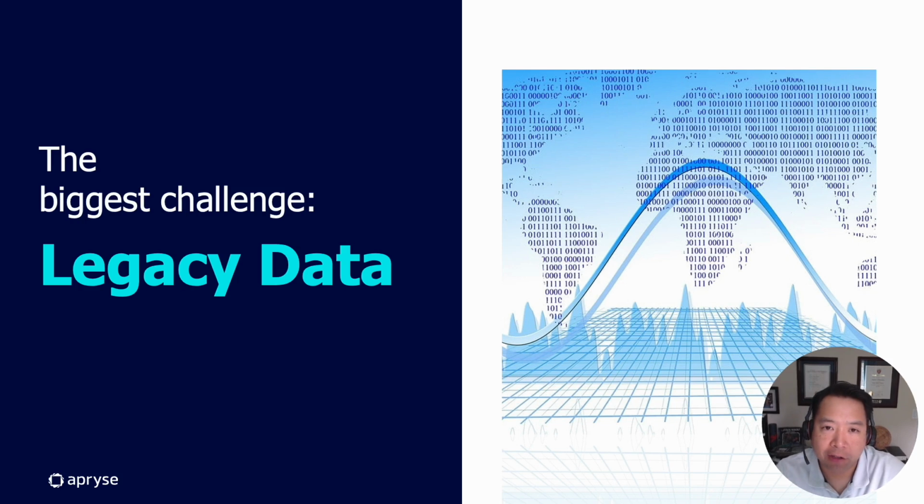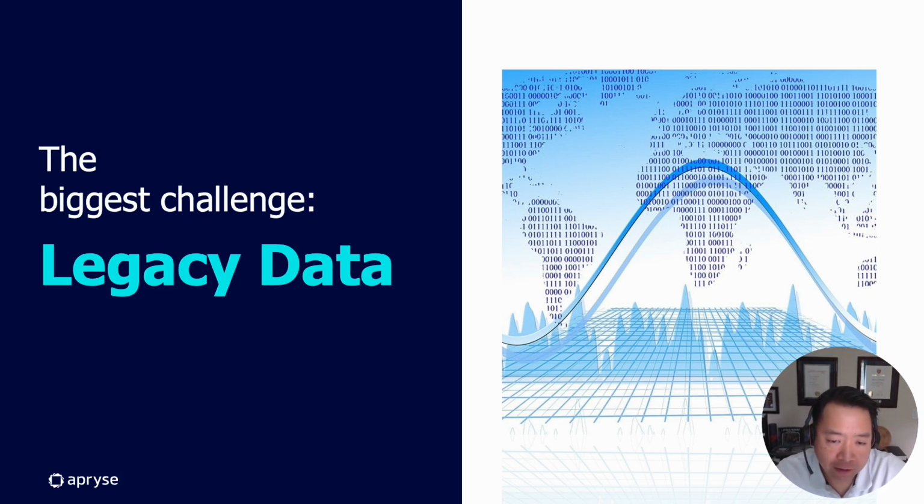One of the biggest challenges in a digital transformation plan is dealing with your legacy data. Legacy data, in this case, as it applies to Apryse, are PDFs and other documents. These documents, while in themselves are data, what's most important in the digital transformation is accessing the content within.